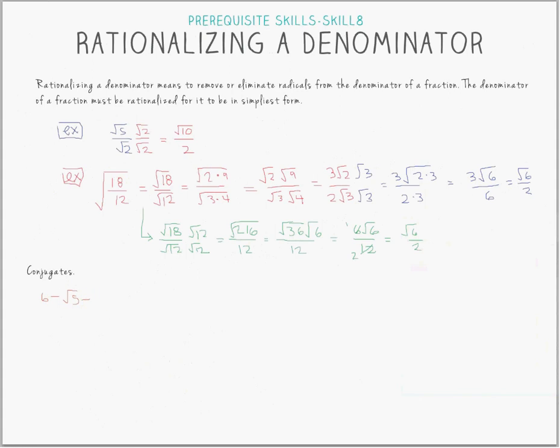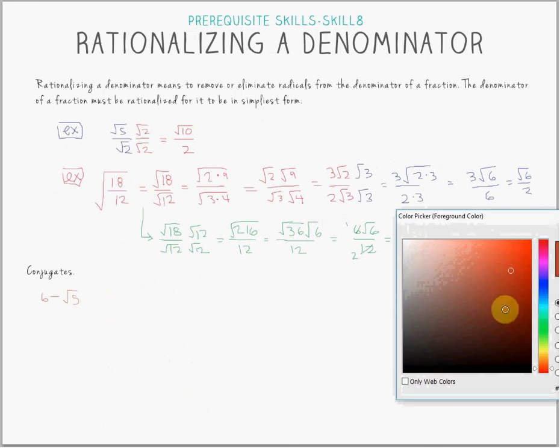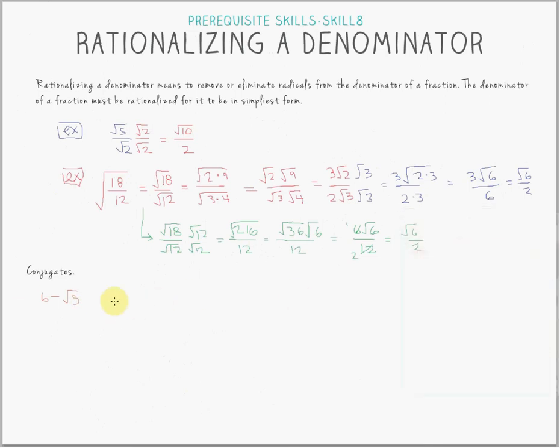Okay, so ignore this little. So what is the conjugate of this? So a conjugate is when you take the same values, but you do an addition sign instead of subtraction sign, or vice versa.